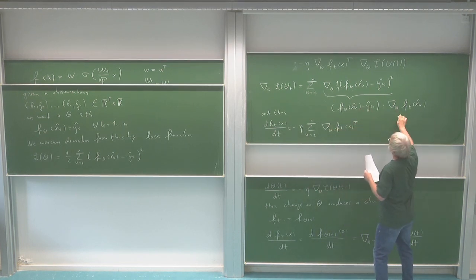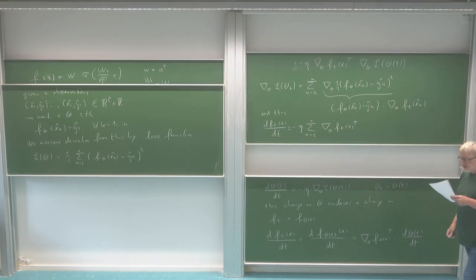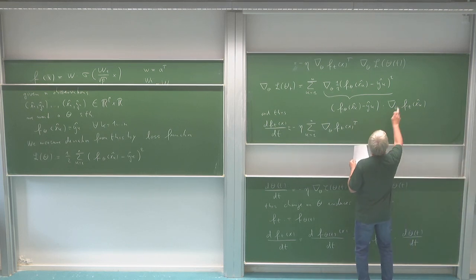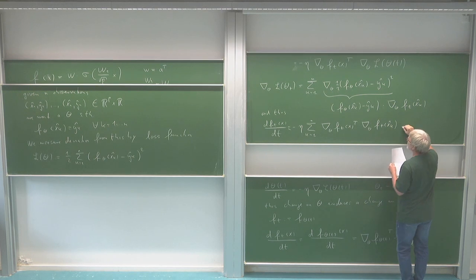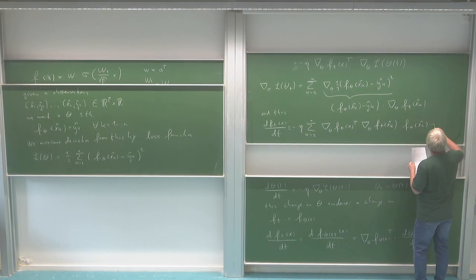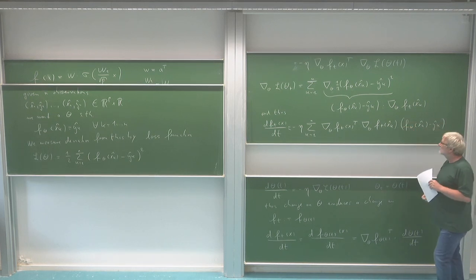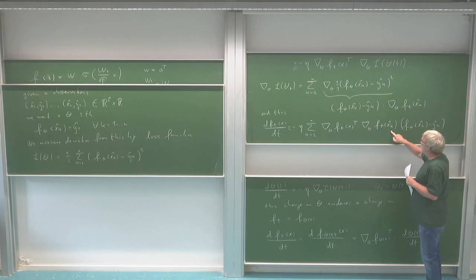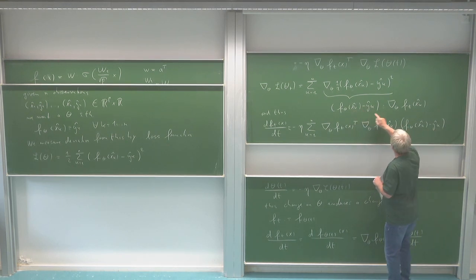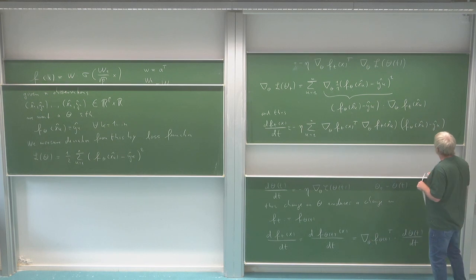And then I get this term from the gradient of the loss function. So this is the gradient with respect to theta of f_t at xk hat, multiplied with this difference, f theta of xk hat minus yk hat. So this gradient here is a vector. This guy here is just a number. So I can move this on either side as I want. This is just one-dimensional. Good.